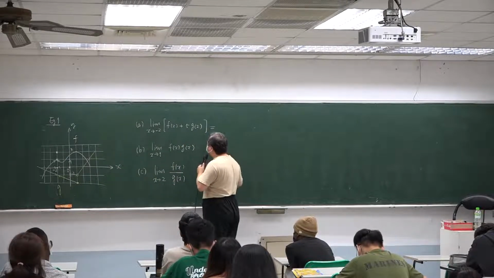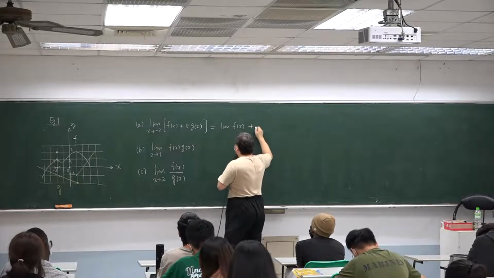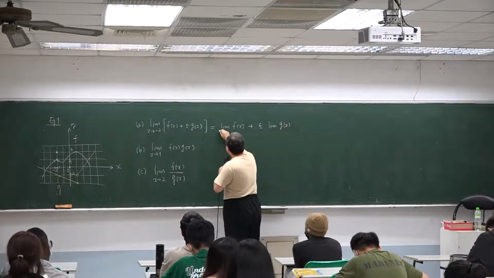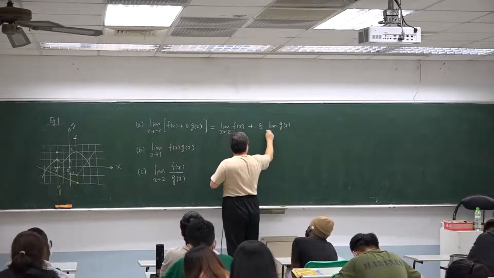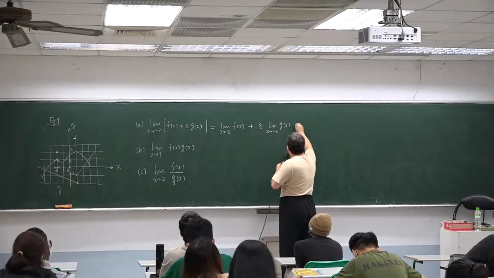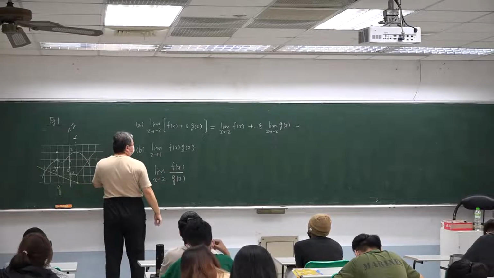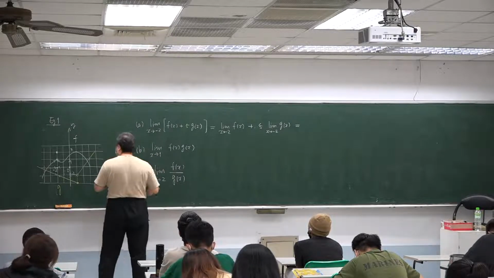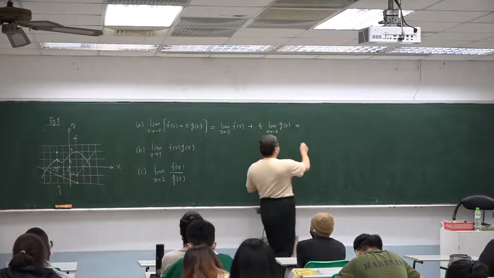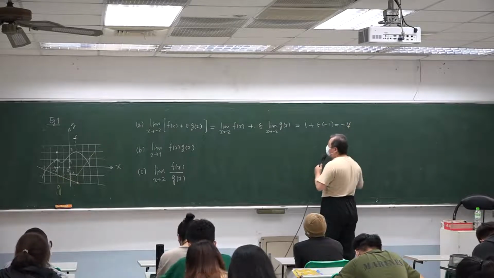So according to the limit theorem, limit preserves addition and constant multiple. This is 1 and this is minus 1. Minus 4.